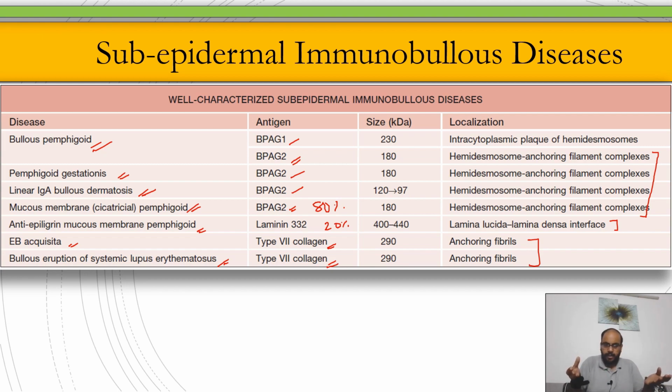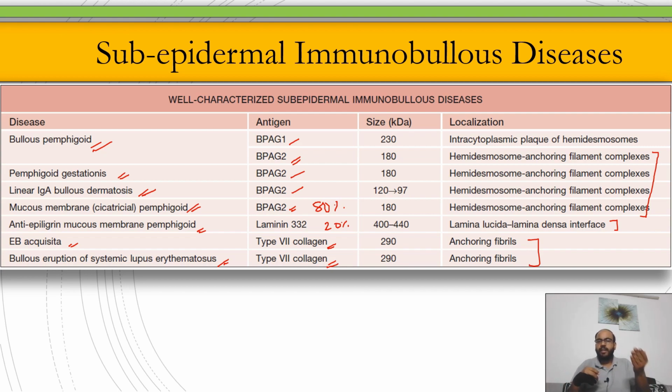Frank bulla can happen, okay, but majorly when the patient comes to us, the major lesions are the erosions that you see in pemphigus vulgaris. That's why it's an erosive disease, okay. In pemphigus foliaceus, the split is very superficial. So you see more crusted scaly plaques because a good amount of epidermis is still left.